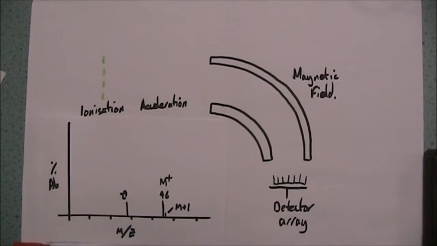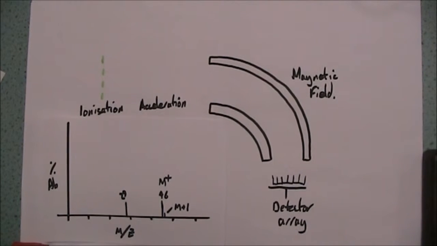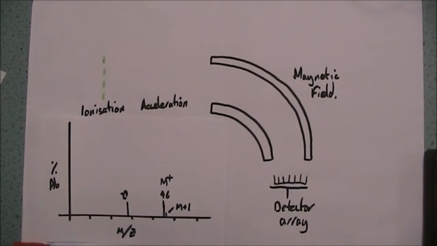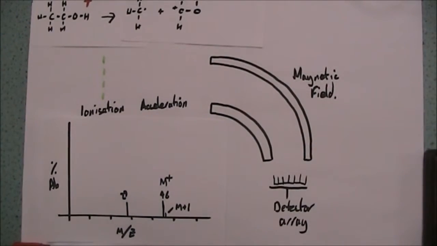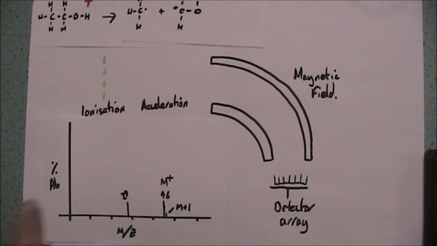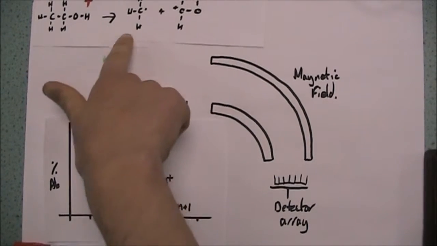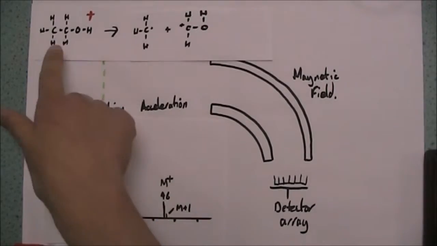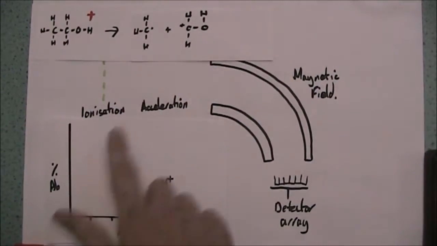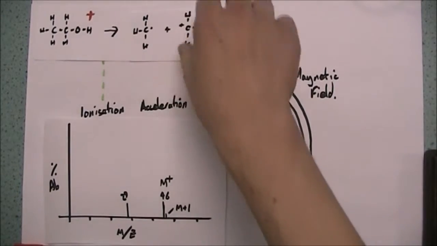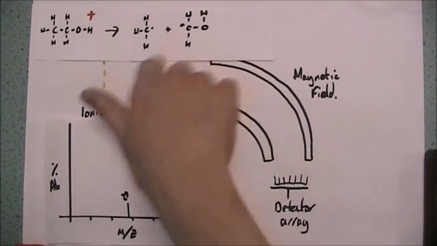Let's break the molecule in a different place. If we break it here, in between these two carbon atoms, we get two fragments. We get this methyl radical, and the rest of the molecule is left with the positive charge.